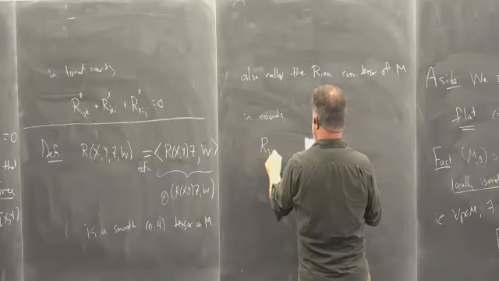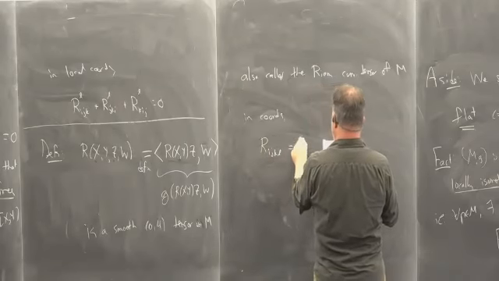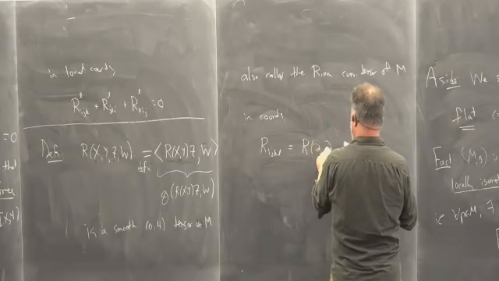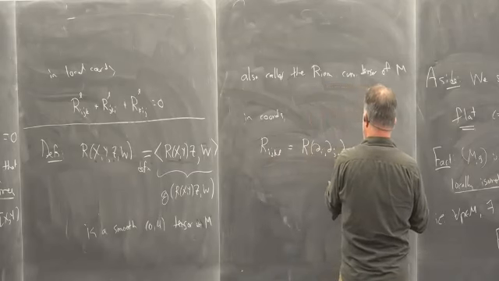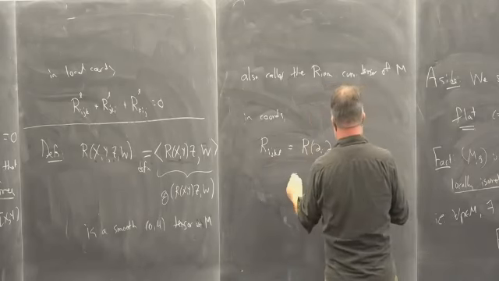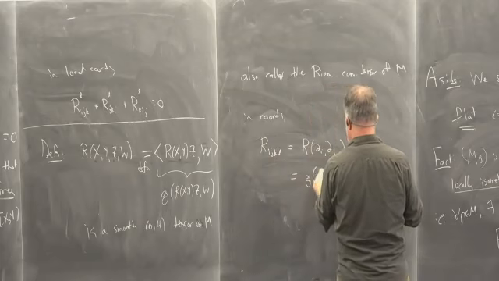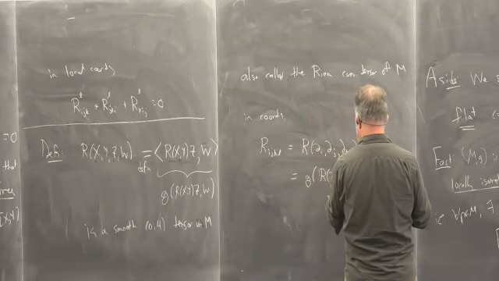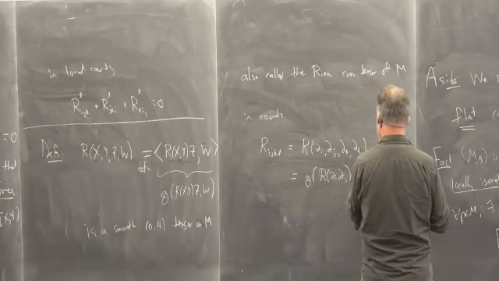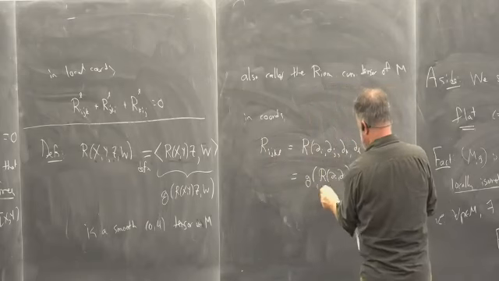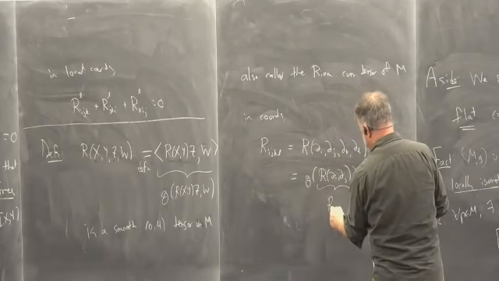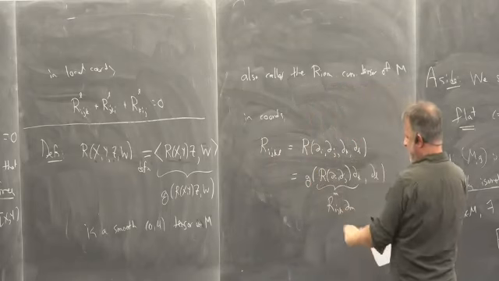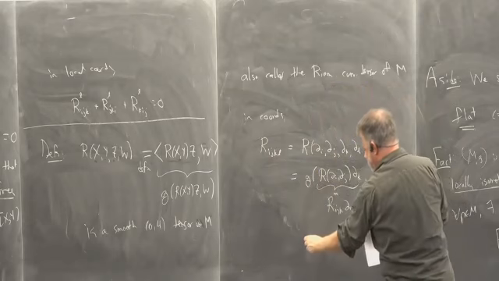So in coordinates, R I J K L downstairs is R of partial I, partial J, partial K, partial L. That's equal to G of R of partial I, partial J, partial K, and then partial L. And this is R I J K M, partial M. That's a function. It can come out.